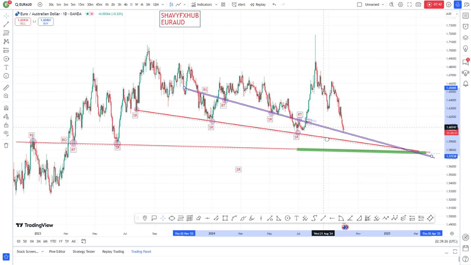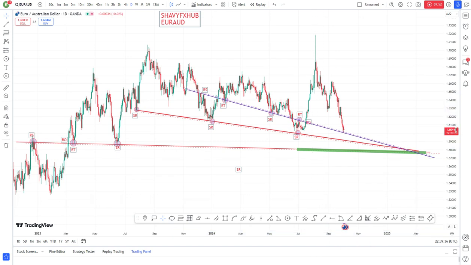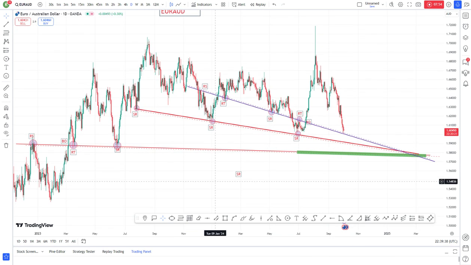Previously, resistance became support. And this is a new structure that buyers and sellers are playing. So I want price to respect this level and move up.